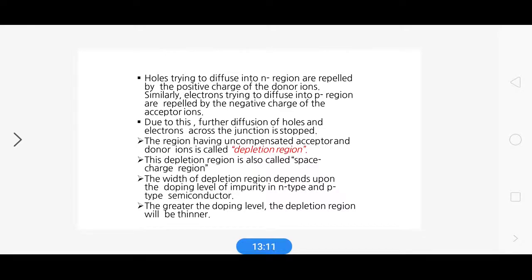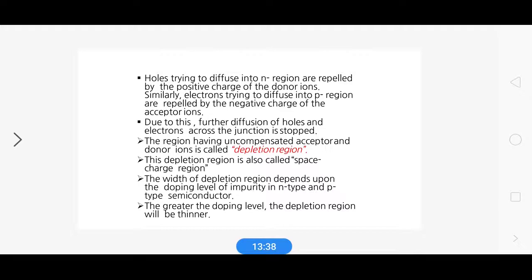So, this region is also called the depletion layer. Why? Because there is depletion of charge carriers. There are no more charge carriers across the junction, and it is also called the space charge region.